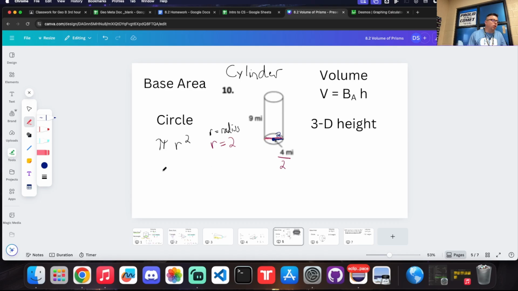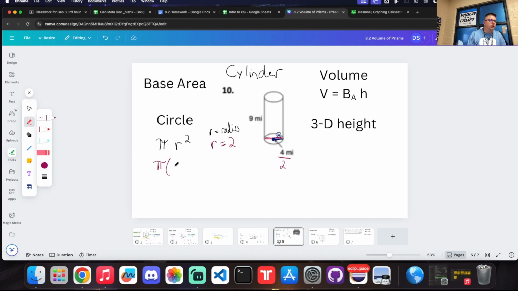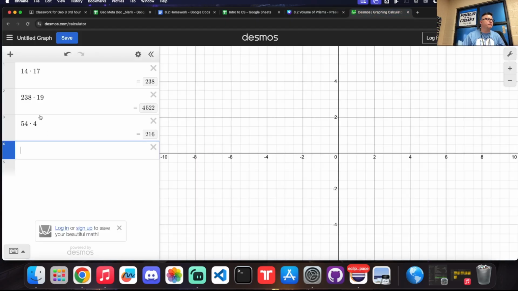So then we're going to plug our 2 in. So we're going to do pi times 2 squared. So I'm going to do pi times 2 squared and get 12.57.